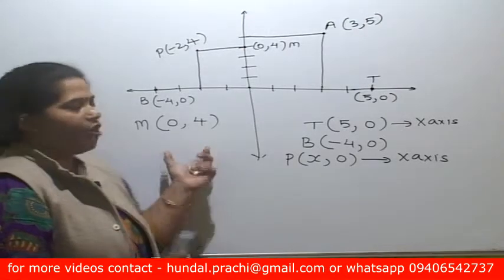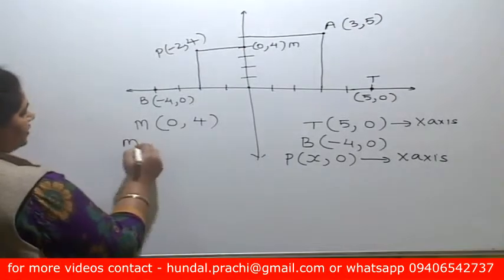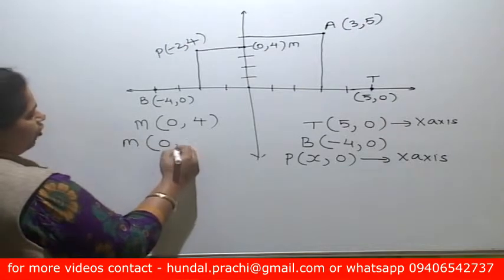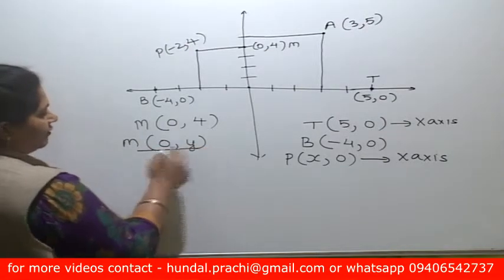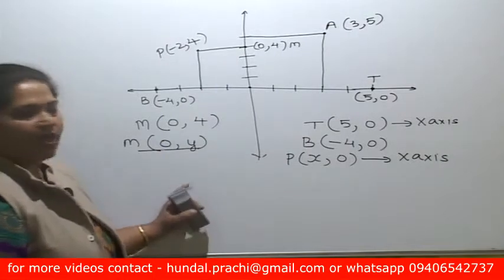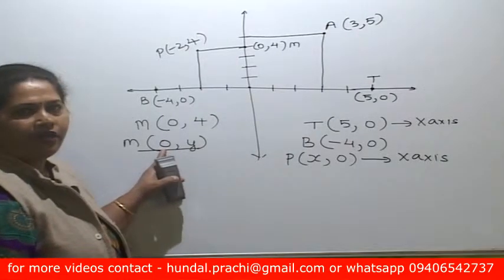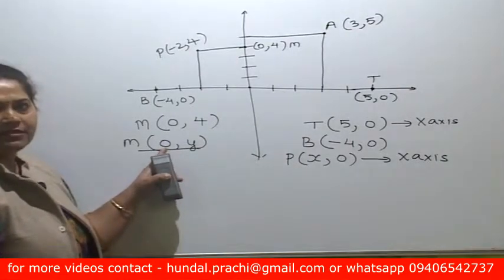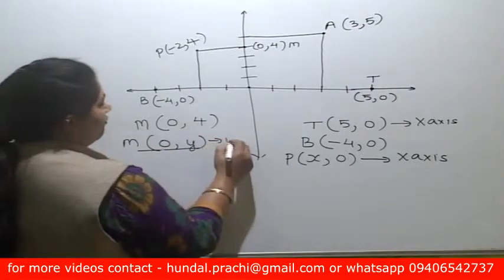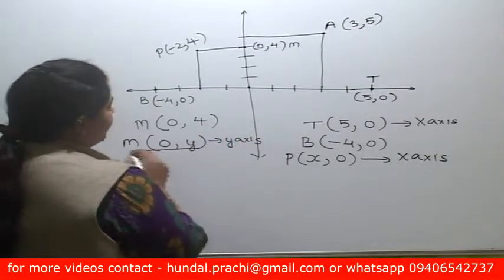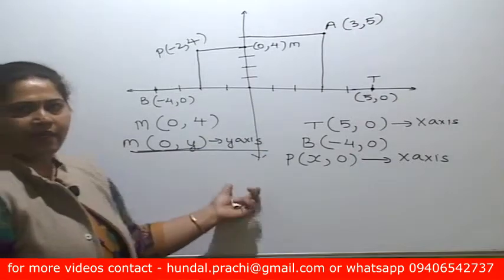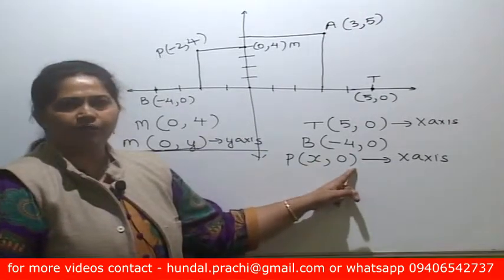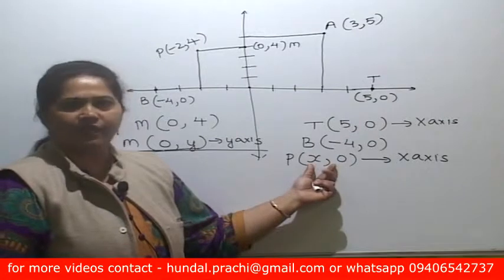So, all the points whose coordinates are of the form 0, y, that is the y-coordinate is given and the x-coordinate is 0, since it is not at all far from the y-axis, this point will lie on the y-axis only. In simple terms, you can keep this in mind that if any one of the coordinates of a point is 0, then you look at which coordinate is given.